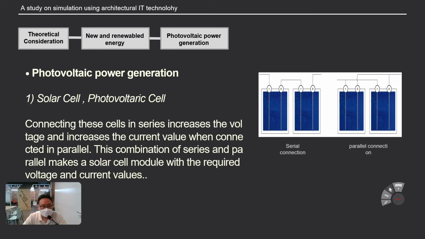This combination of series and parallel makes a solar cell module with the required voltage and current values. The right picture shows series connection and parallel connection.